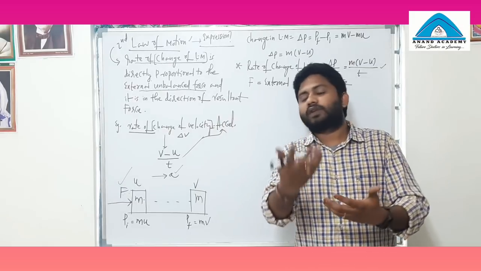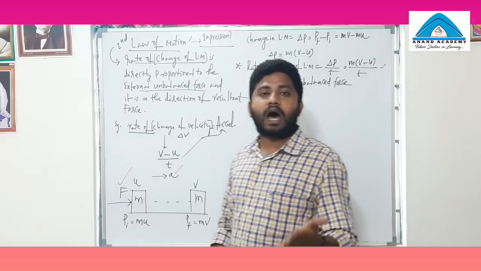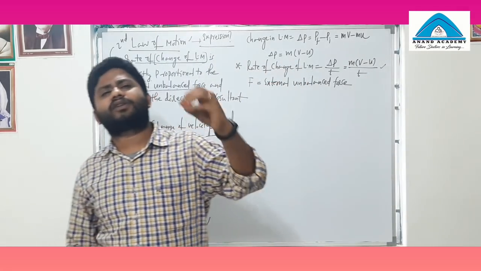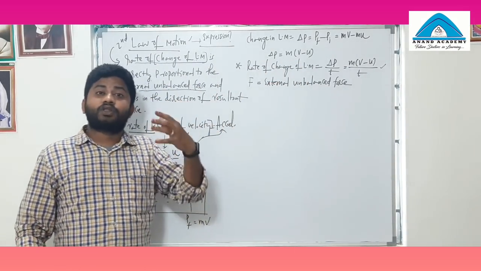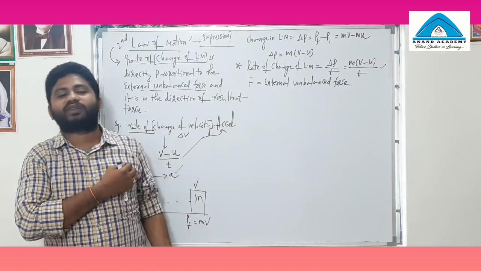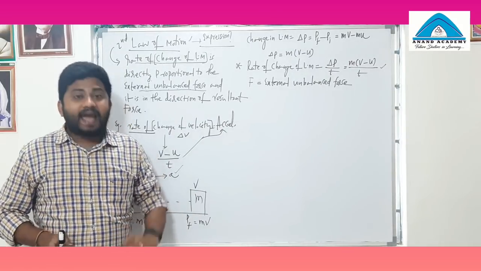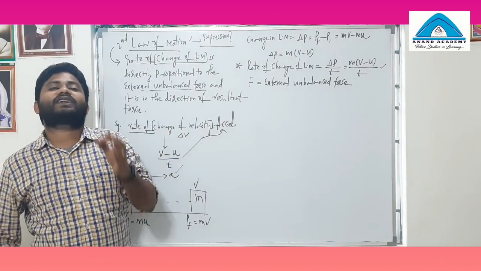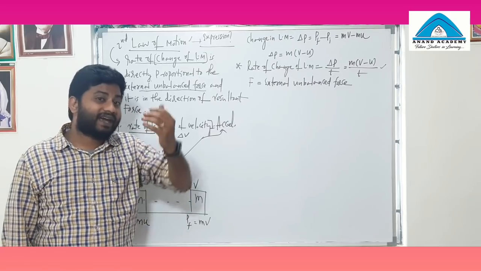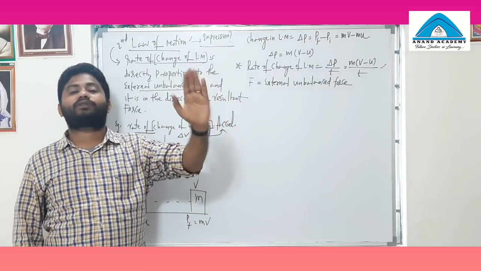To throw something, we need to apply force. All the forces are external unbalanced forces only, because through them the acceleration of the body is taking place. 99% of the cases in our daily life where we apply forces, those are external unbalanced forces only.